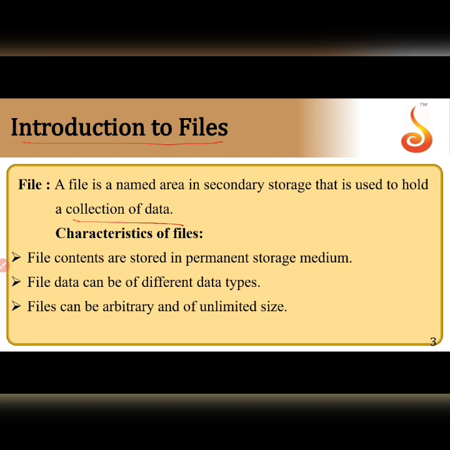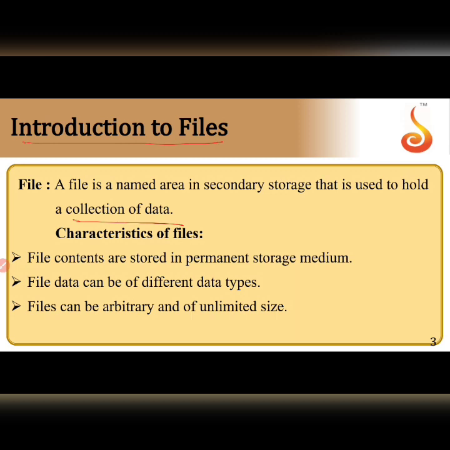So, I do have files, right? Each file is a storage in the secondary storage, that is on your hard disk, that is used to hold a collection of data. It will have a name with a file extension. The extension depends on the type of file. That is why it is a named area in secondary storage that is used to hold a collection of data.